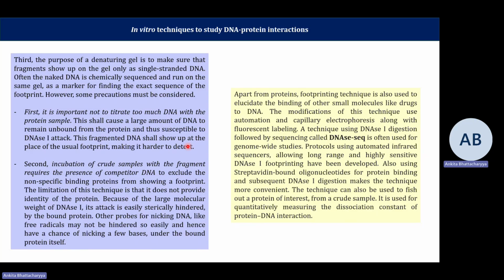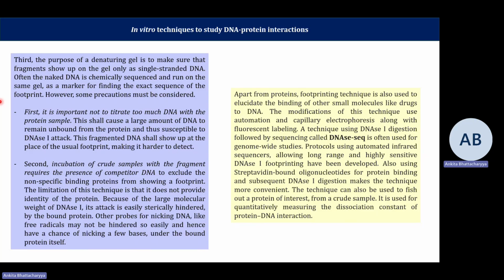Basically, you do not want double-stranded DNA, or anything which falsifies your results. So for that purpose, running a denaturing gel is going to make sure that only the radio-labeled probe containing DNA is recognized, and often the naked DNA is chemically sequenced and run on the same gel as a marker for finding the exact sequence of the footprint.